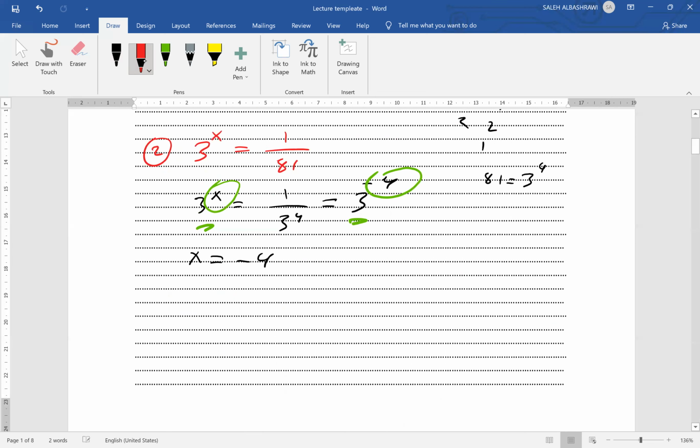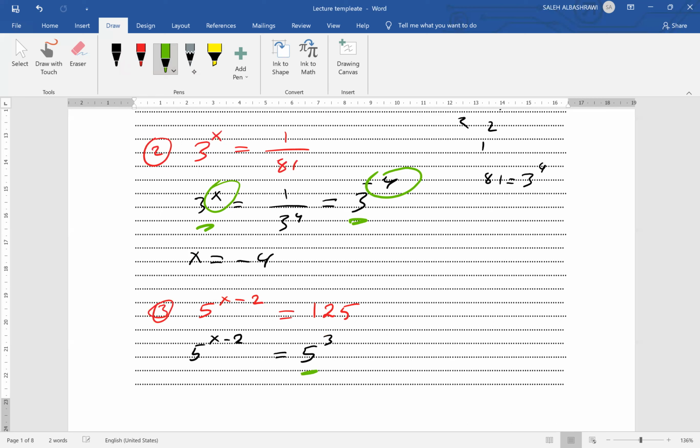One more example, number 3. We have 5 to power x minus 2 is equal to 125. 5 to power x minus 2 equal to 125. Then I know that 125 is equal to 5 to power 3.